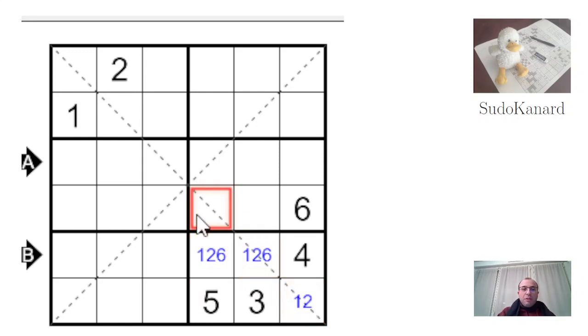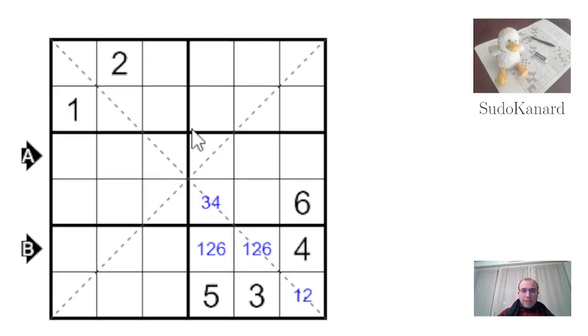So it has to be a 3 or a 4. And then this digit here, and I will use some coloring for that. This digit here is not in those cells by the diagonal logic, so it must appear somewhere here.